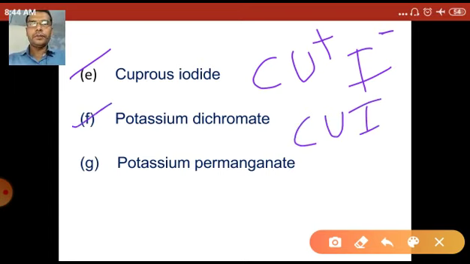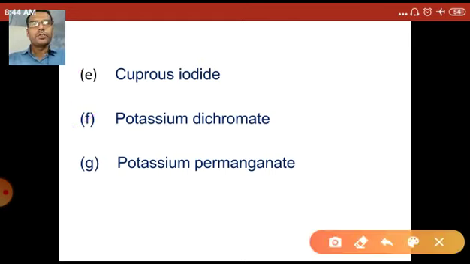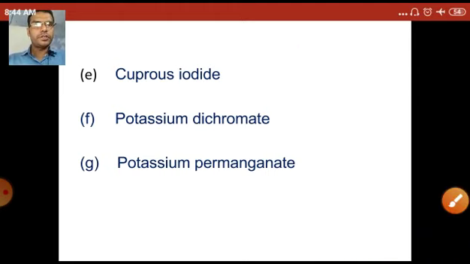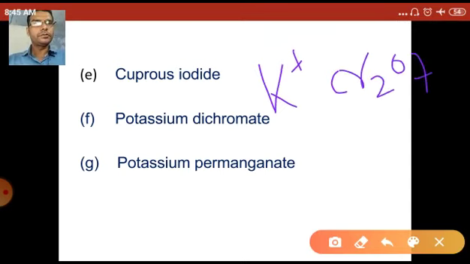Now the next, F number, potassium dichromate. Potassium has the symbol K plus and dichromate is Cr2O7 2 minus.